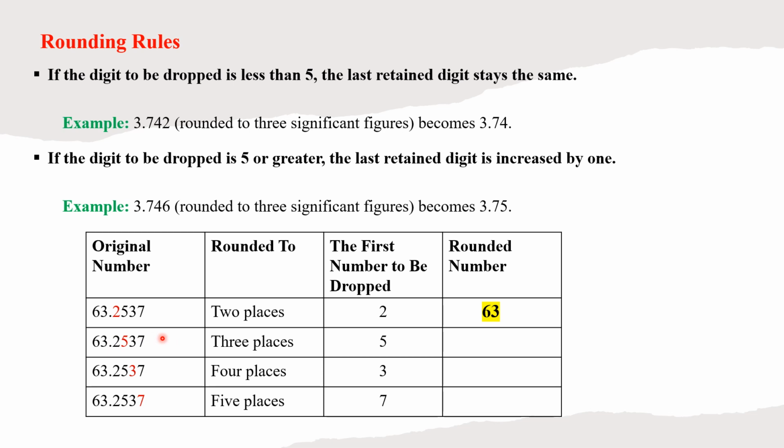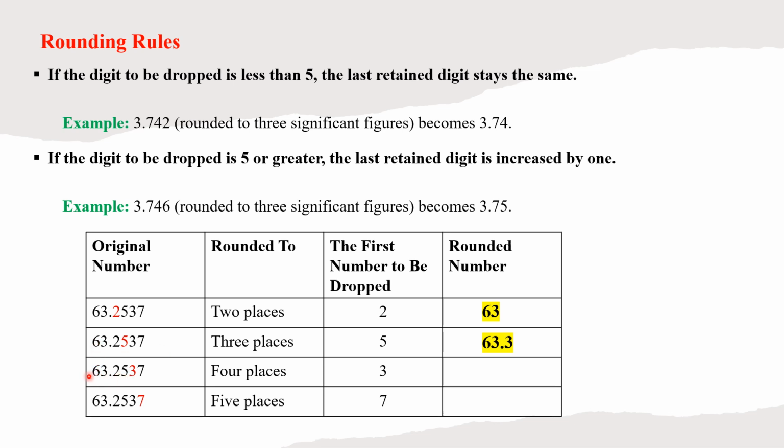The second number, we need to round it to 3 places. That is 63.2. Starting 5, we need to drop. So 5 is the immediate digit to be dropped. It is equal to 5. So equal to 5 or greater than 5, we need to add 1 to the left. Then 63.2537 becomes 63.3.